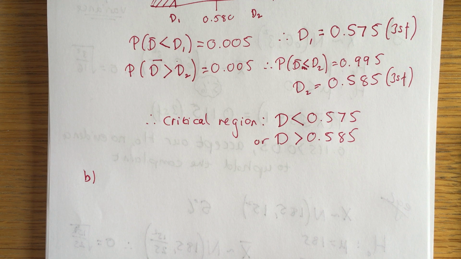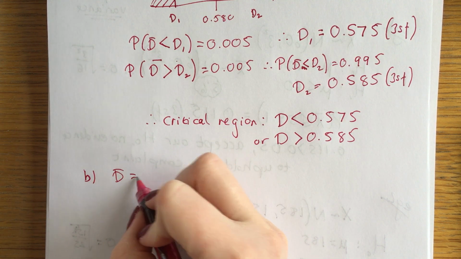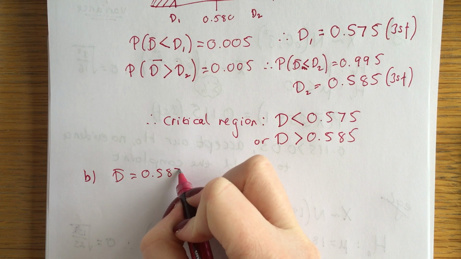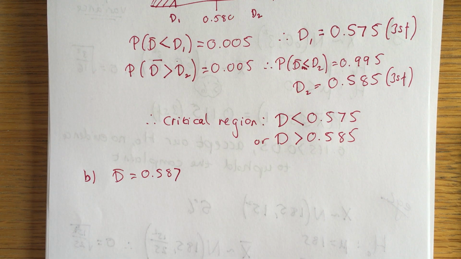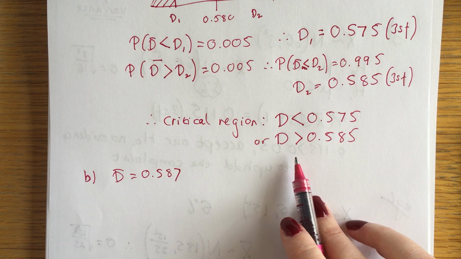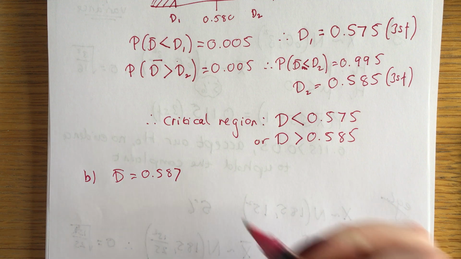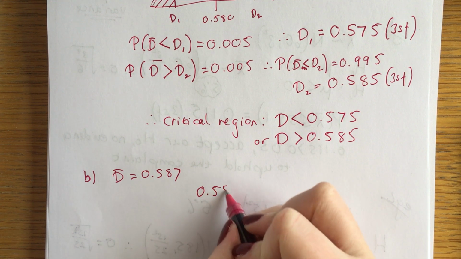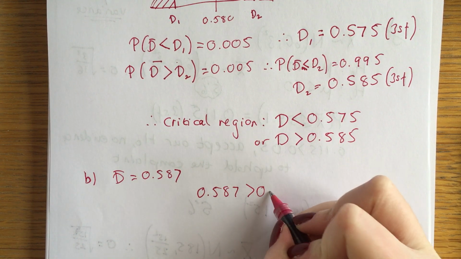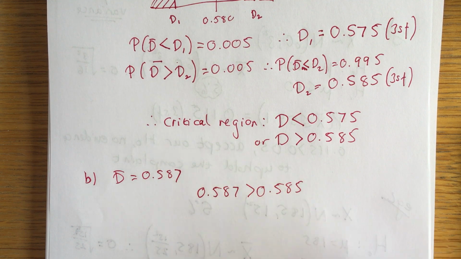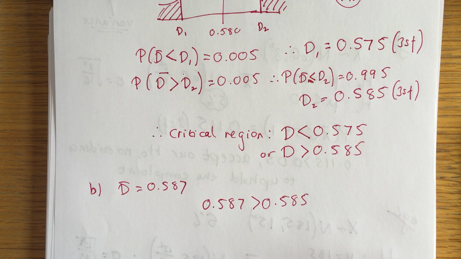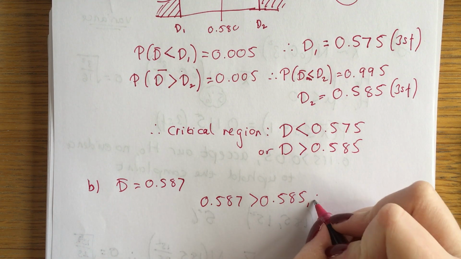It says the mean diameter of the sample is calculated to be 0.587. Comment on this observation in light of the critical region. Well, I've said that anything greater than 0.585 is within our critical region. 0.587 is within our critical region. It is larger than 0.585.